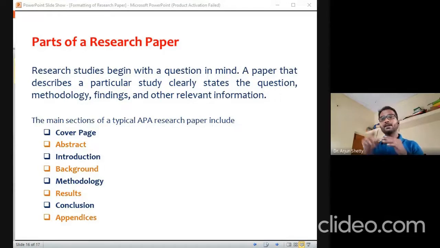Cover page. Okay. Any scientific research output that you go for publication with should contain eight components. Now, the first one is the cover page. The cover page is the first page of your research article or textbook. Usually a textbook contains the title of the book, followed by the important components included in that book.